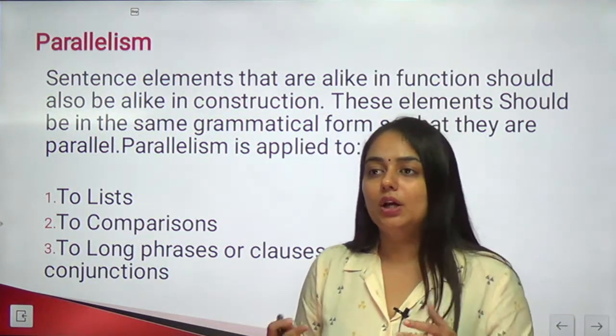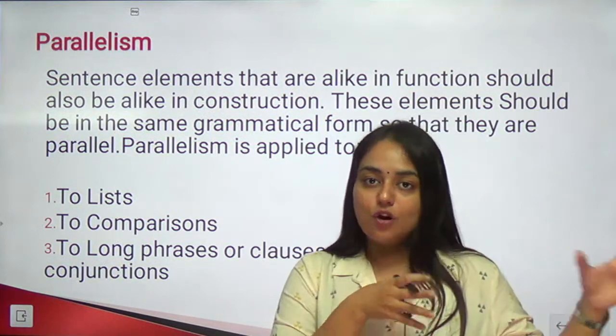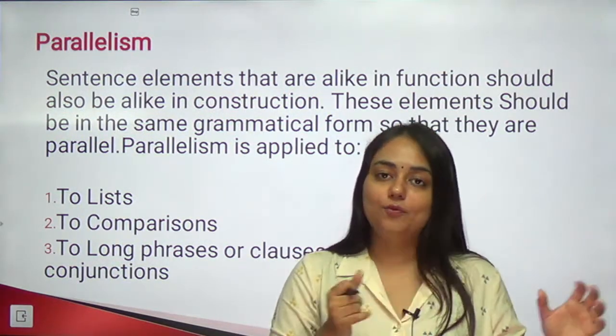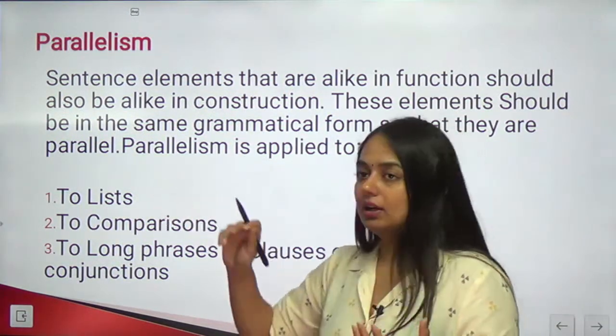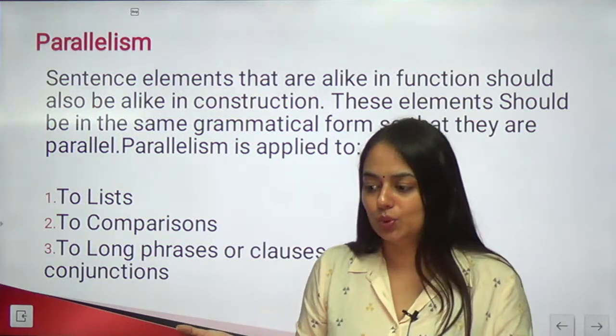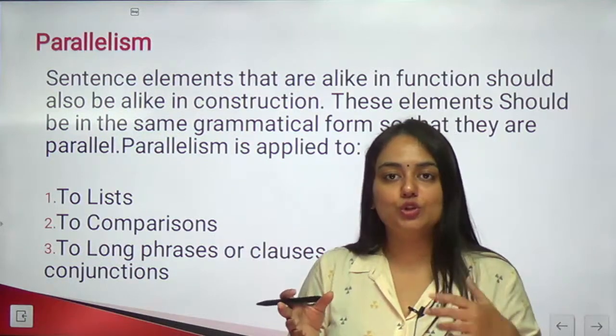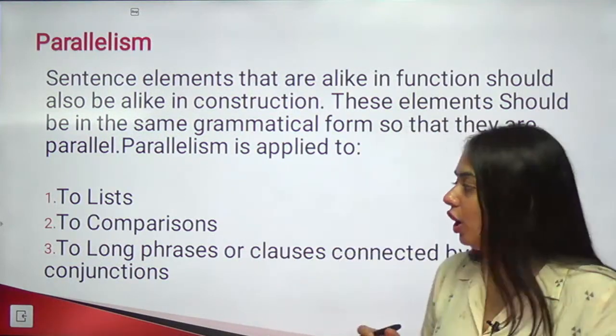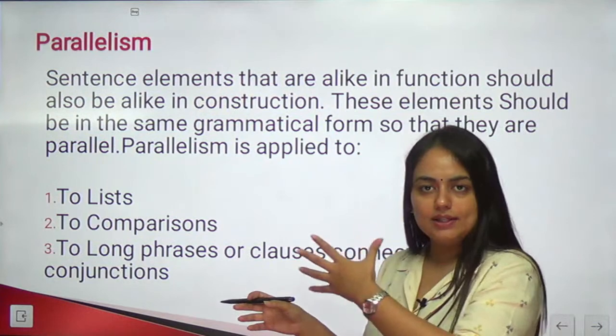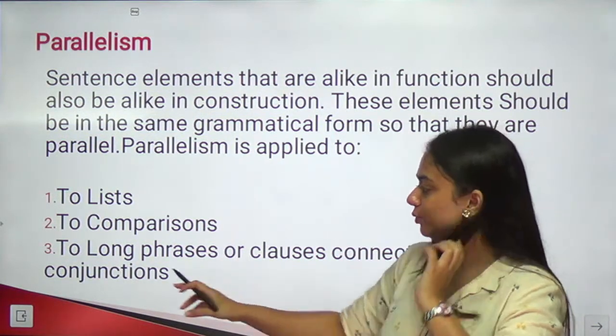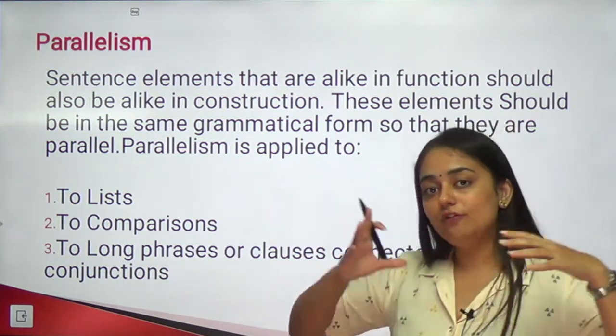For example, it can be all the ing form verbs, it can be all the ed form verbs. It can be list of some action also. It can be anything. To the comparisons. So in comparison also you have to maintain parallelism. Alright, so I'll explain all of these with example in the upcoming slide, would be easy for you. It can be used in long phrases also.